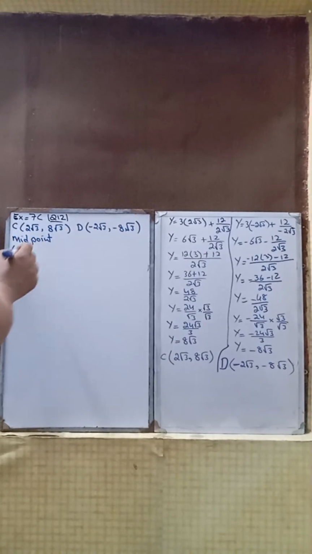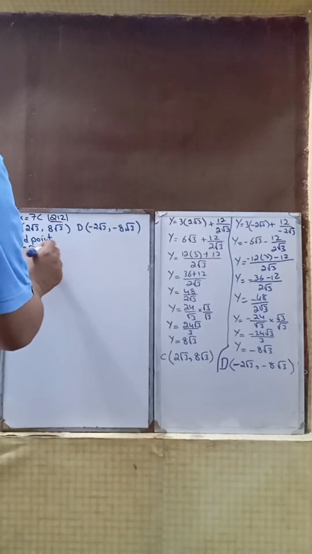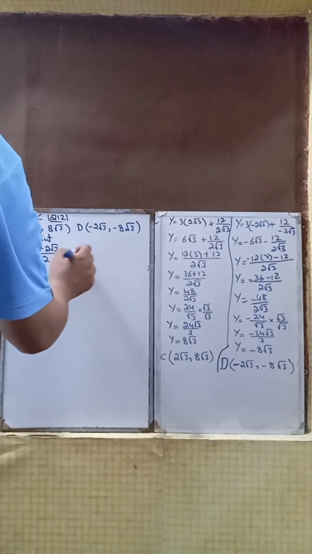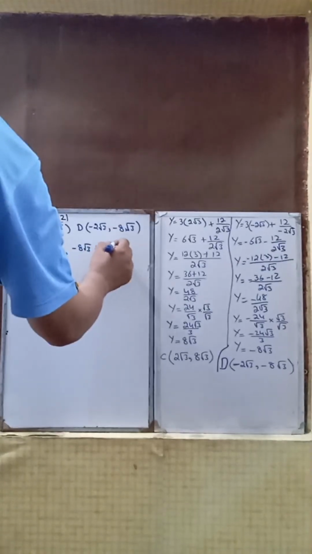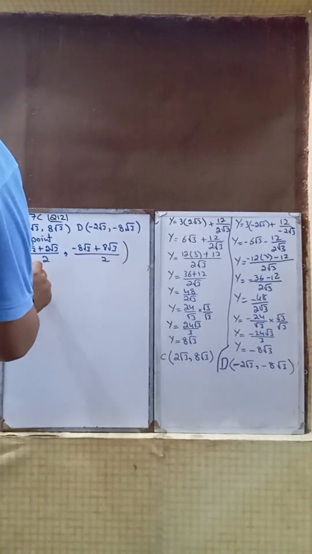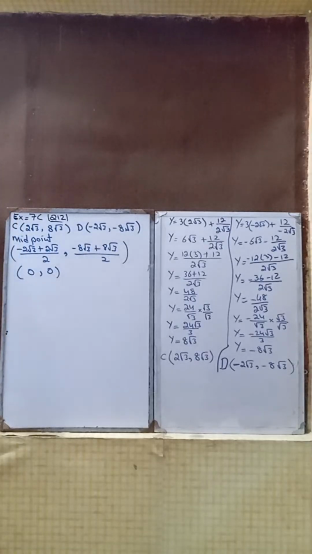Its coordinates will be (x2 plus x1) divided by 2, that is minus 2 under root 3 plus 2 under root 3 divided by 2, comma (y2 plus y1) divided by 2. So this is 0 and this is also 0. So the midpoint is 0 comma 0.